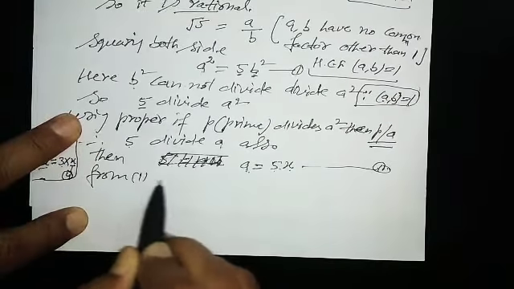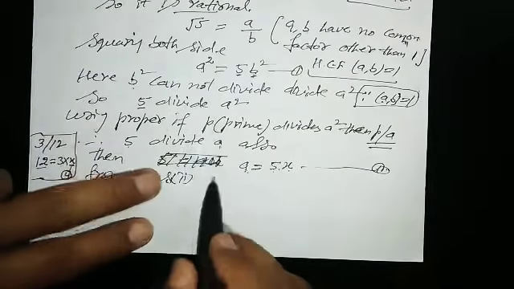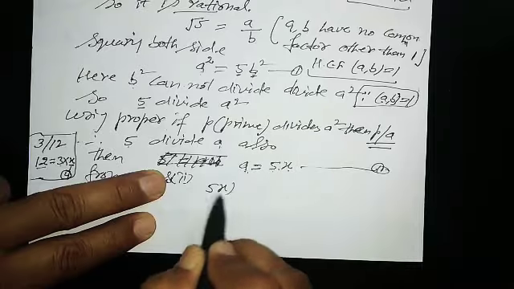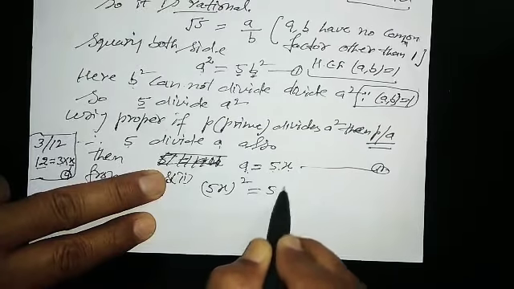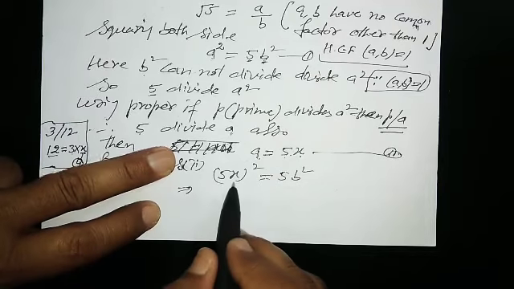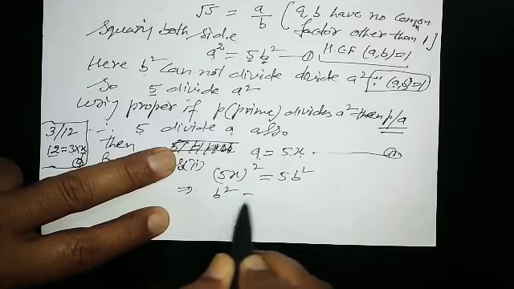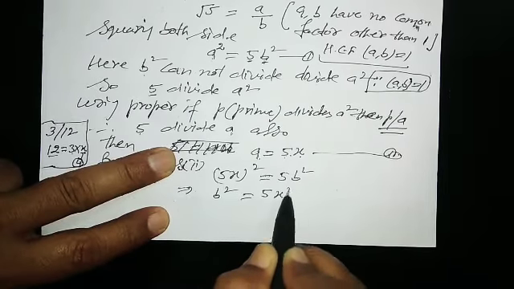From 1 and 2 the value of a can be put here, and you will get 5x square equal to 5b square, right? And this can be written as b square equal to 5x square.